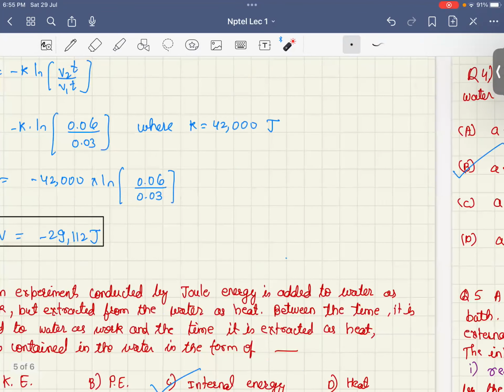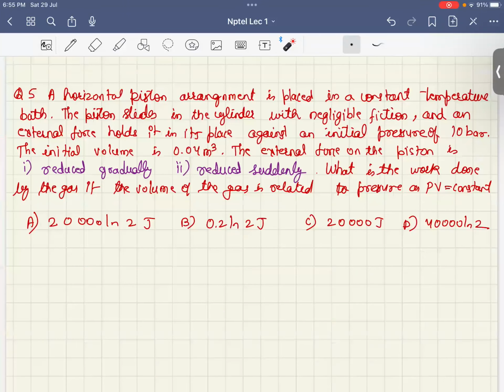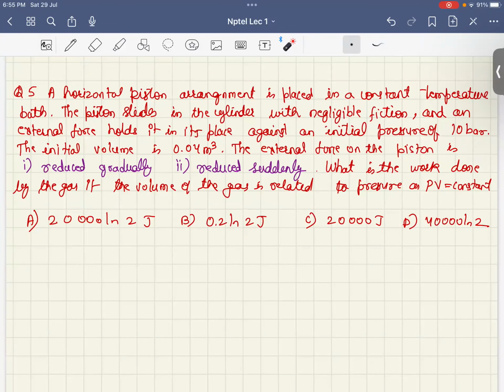But what about the irreversible part? This is the irreversible part. So you have to solve for both the things, right? I'll give you 5 to 10 minutes to solve this question. If anybody has any doubt in understanding the question, they can ask. And those who have understood can start solving.